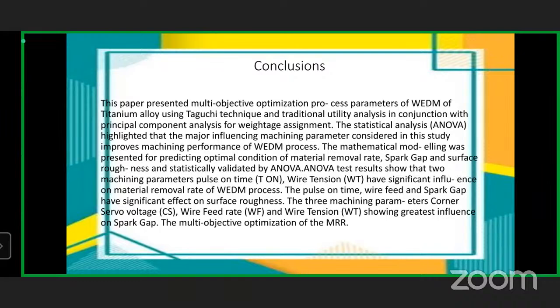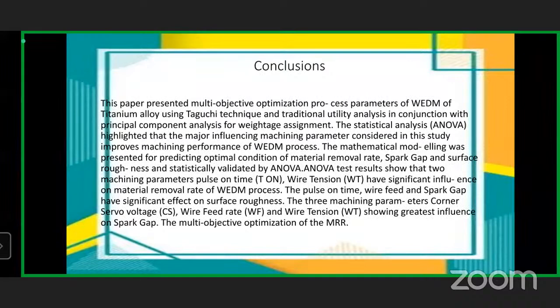Mathematical modeling was presented for predicting optimal conditions of metal removing rate, spark gap, and surface roughness, and statistically validated by ANOVA test results, so that two machining parameters, pulse on time and wire tension, have significant influence on material removal rate of the WEDM process.